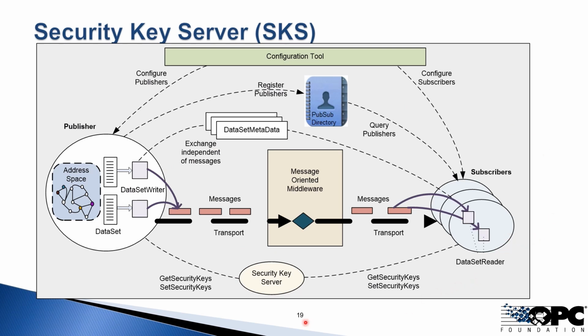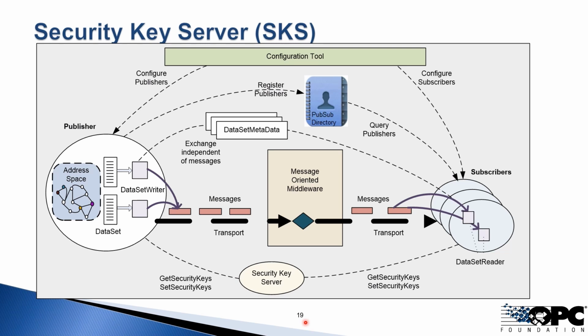And in OPC UA, the keys used for this are not the same types of keys that are used in the PKI for client server, in that they are shared keys and they're temporary. And by temporary, I mean each key is used for anywhere from a few minutes to a few hours.